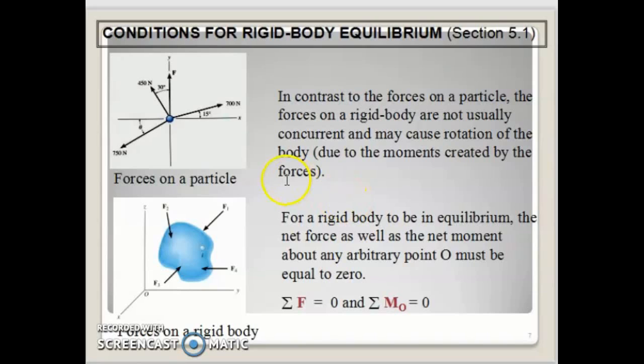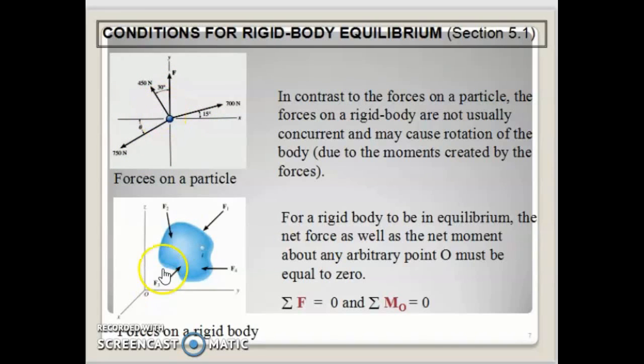Let's recall a bit about the condition for rigid body equilibrium. If you want to do analysis of a free body diagram, previously we have learned there are two types of analysis, which are particle and rigid body. For a particle, we only have forces like this. We won't have a condition of moment.